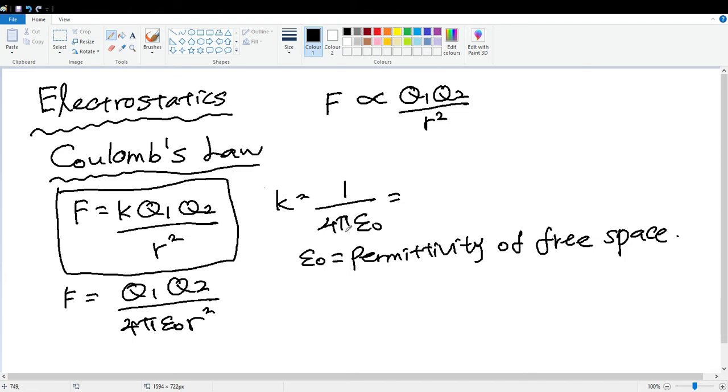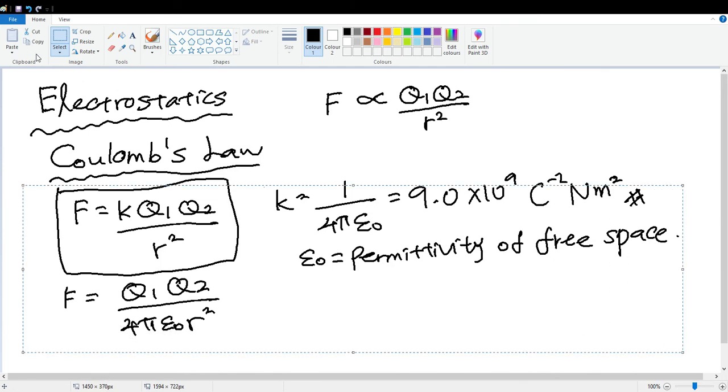Since all the variables are constants, the value of K is 9.0 times 10 to the power of 9, in SI units. So this is the definition of Coulomb's law. We have done this part, so let's move on to the other parts.